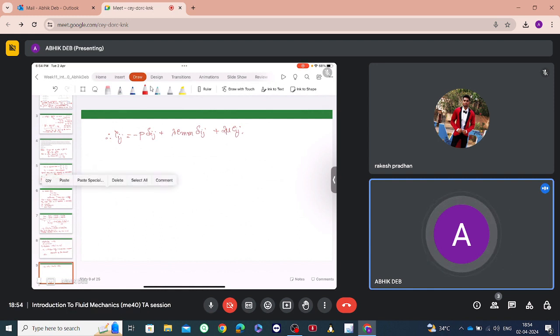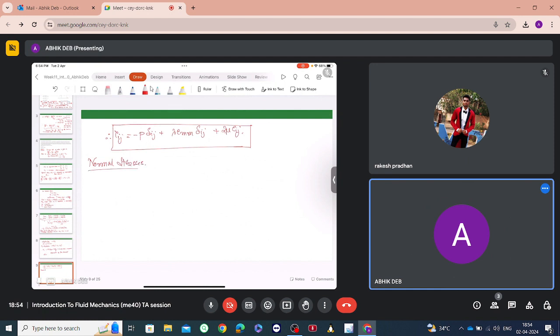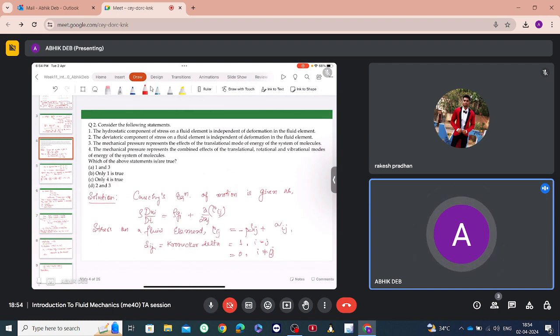For the time being we are keeping it in this form itself. And then normal stresses, because we have been asked to go to the mechanical pressure.